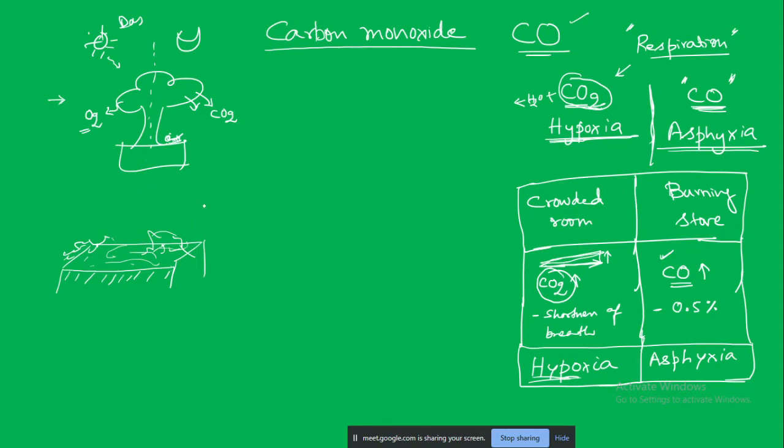Therefore carbon dioxide gas can easily be decanted from one vessel to another. Suppose the carbon dioxide gas is in this vessel, you can easily pour it into this one, because it is almost 1.5 times heavier than air. But carbon monoxide is slightly lighter than air.